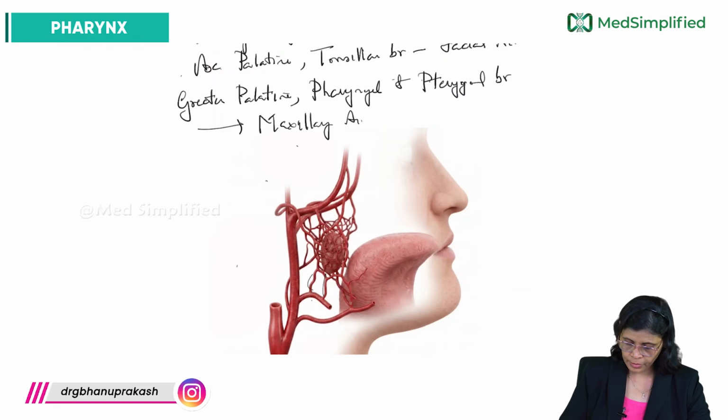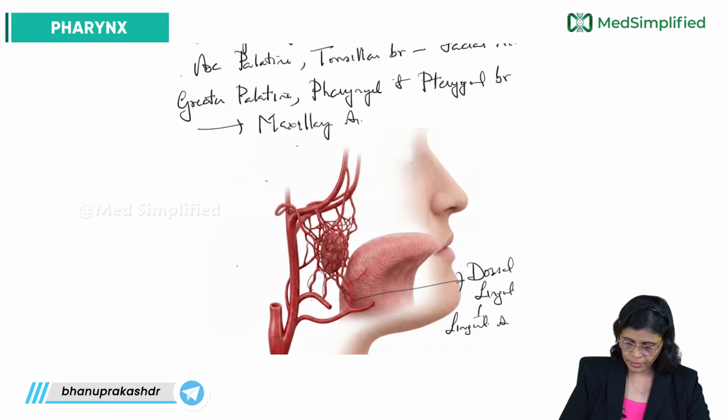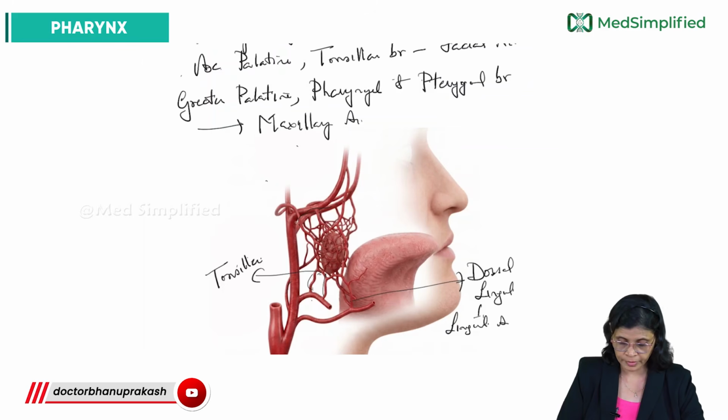Here you can see posteriorly, this is the dorsal lingual, which is coming from the lingual artery. These are all the tonsillar branches coming from the facial, and here we have the ascending palatine, coming from the facial, and here we have all the branches from the maxillary, greater palatine, pharyngeal and pterygoid, which will be supplying the pharynx.